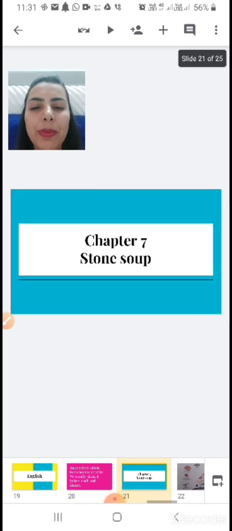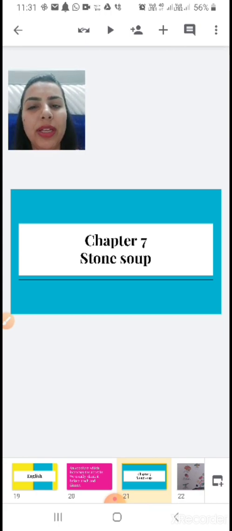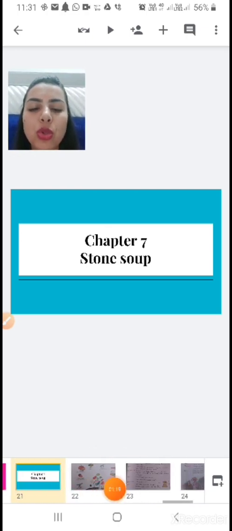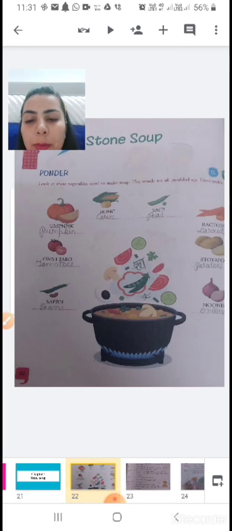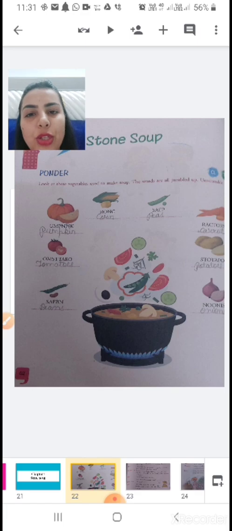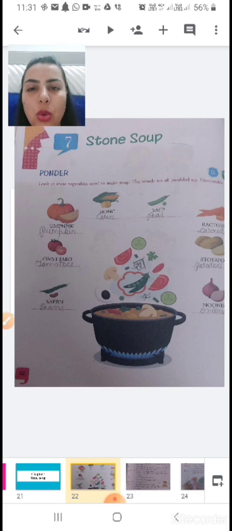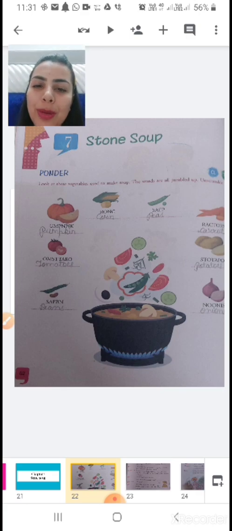So our chapter number 7 is Stone Soup. The name of our chapter is Stone Soup. What is the name of our chapter? Stone Soup. So see in your books, page number 62, Chapter 7, Stone Soup. Here on the first page it is given the jumbled words of some vegetables.